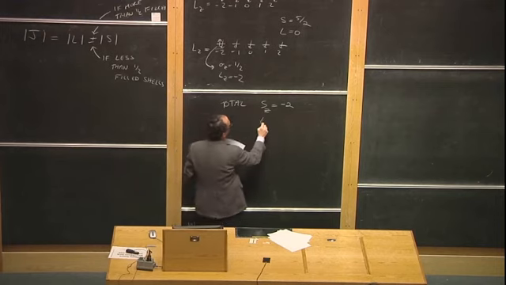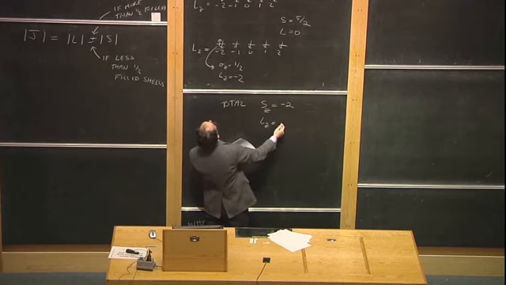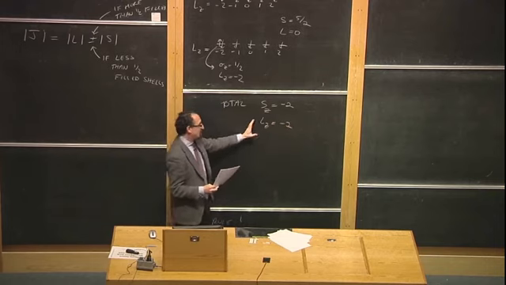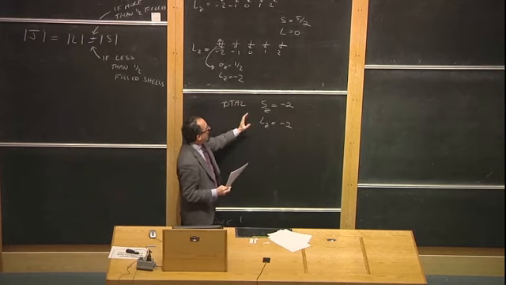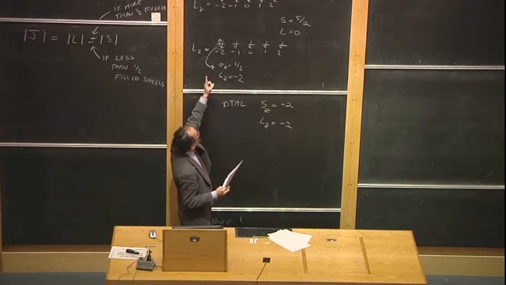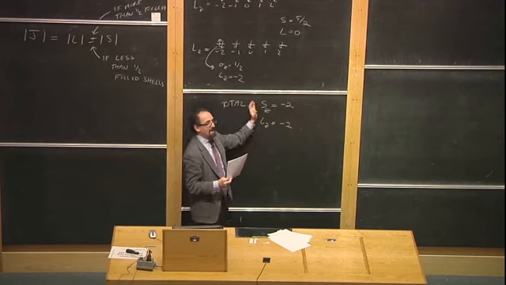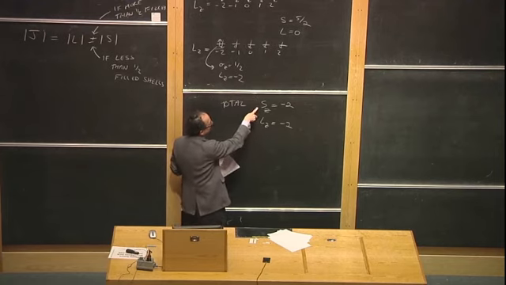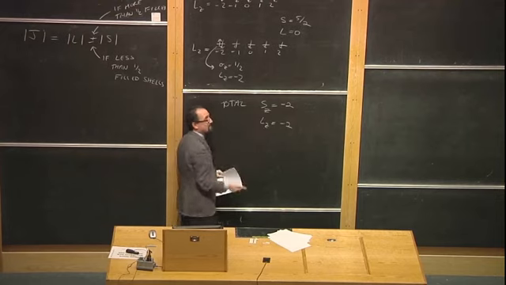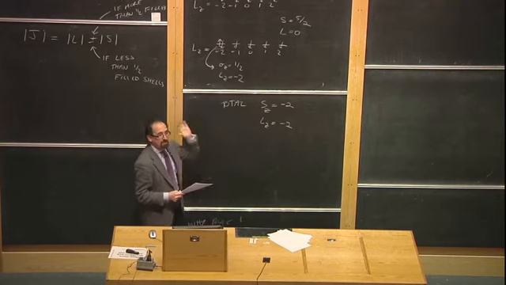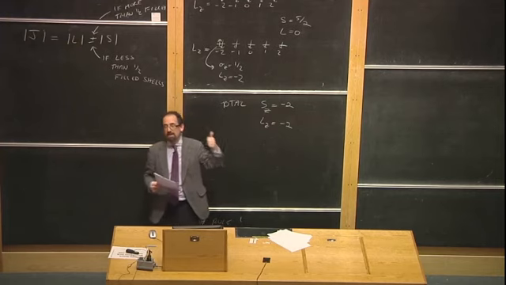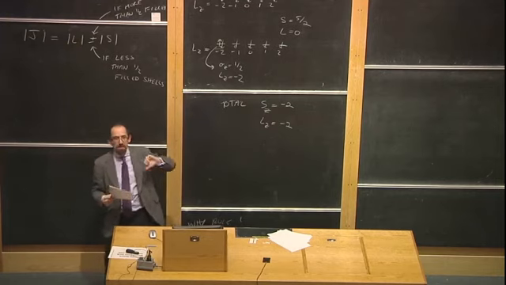And even though the LZ here is minus 2, the half-filled shell had LZ total equals 0, and we added one electron. That electron is pointing up, but the total spin angular momentum is still pointing down. So here, the total spin angular momentum and the total orbital angular momentum are now pointing in the same direction. And we were still just following the same rule that each electron wants to counter-align its spin and its orbital angular momentum with each other.